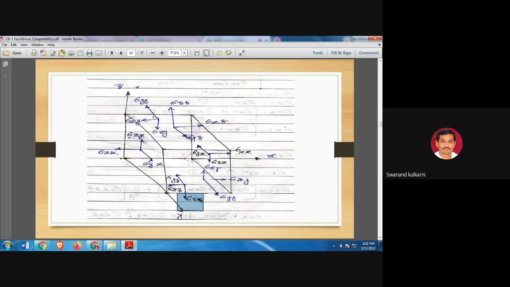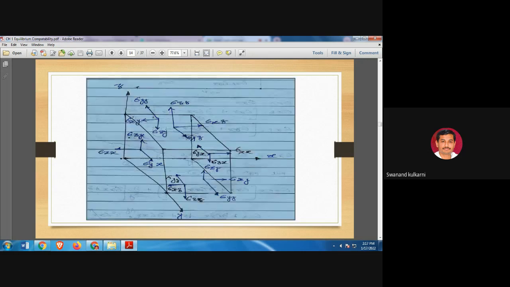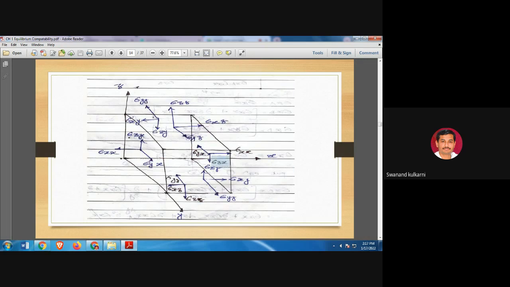Now let us see each component of stress by taking the reference of another component. We will start with this particular surface, on which the stress along direction x is present. Then here we have sigma zx. What is sigma zx? Sigma zx is the component of stress on the surface on which the x stress is acting, along the z direction.